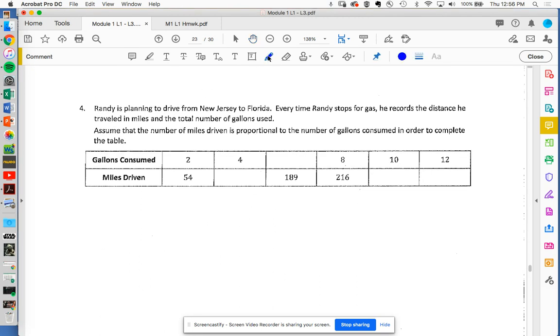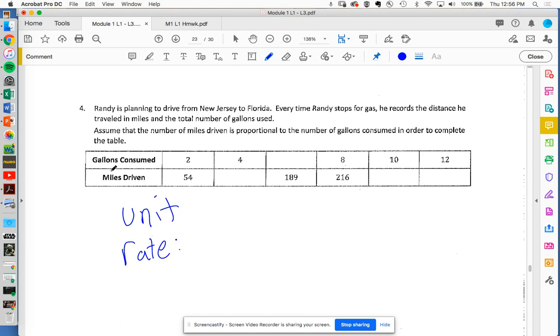Here's what we need to find. We need to find the unit rate. Okay? When we find the unit rate, then guess what we can do? Fill in the blanks. And in this case, the unit rate, well, this one is kind of confusing. Are the gallons you use dependent on the miles you drive? Kind of, but how far you drive depends on how much gas you have, right?